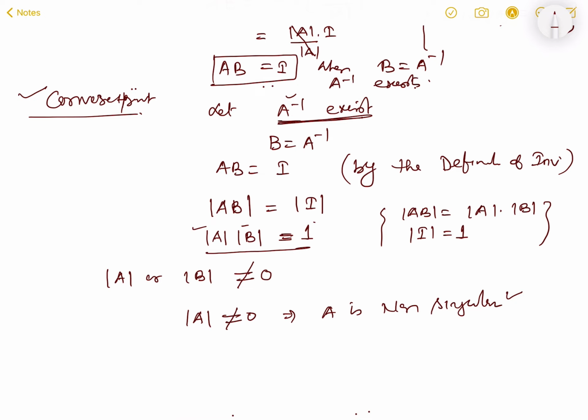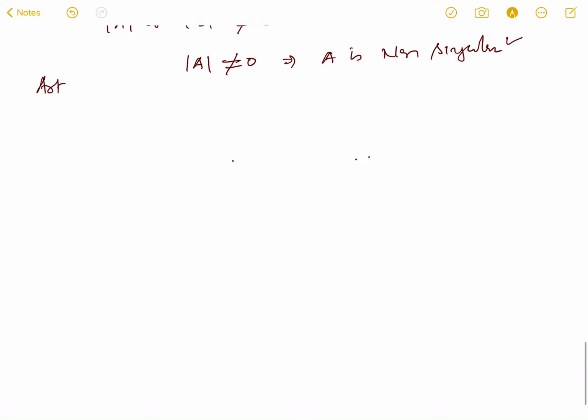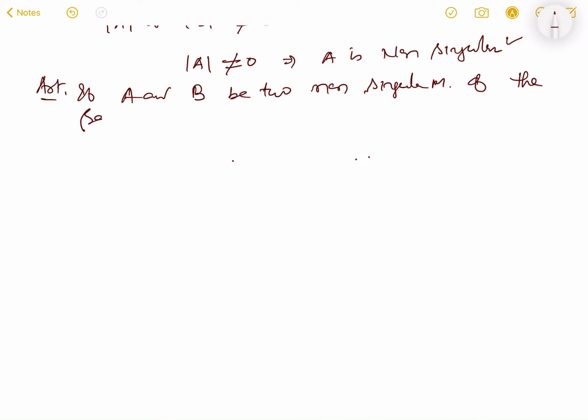The next article is, if A and B be two non-singular matrices of the same order, then prove that AB inverse is equal to B inverse A inverse.